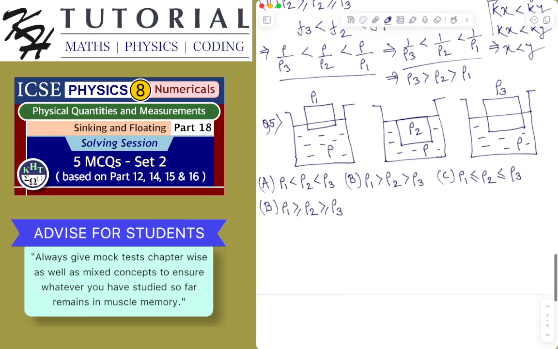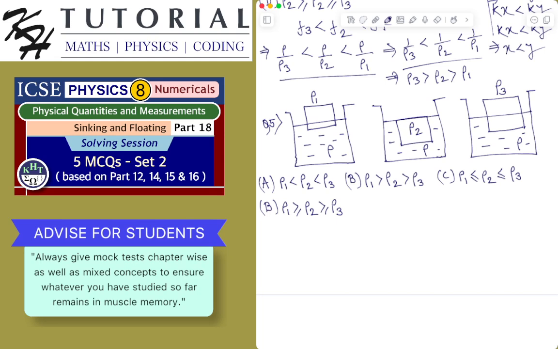Question 5 also has no description. Actually, in question 5, the liquid is the same, since the density is rho, but the bodies have different densities, rho 1, rho 2 and rho 3. In the first figure, the body is floating, partially immersed.